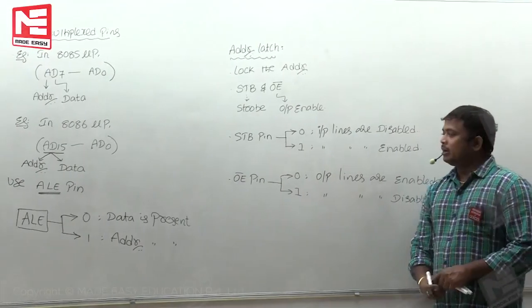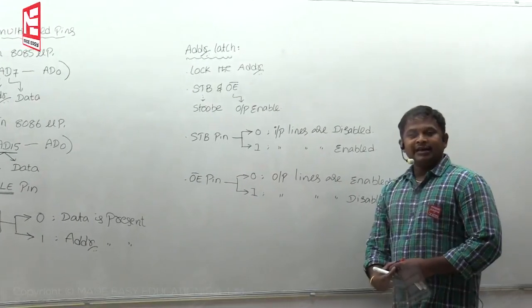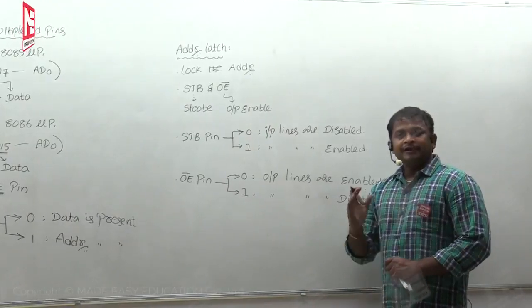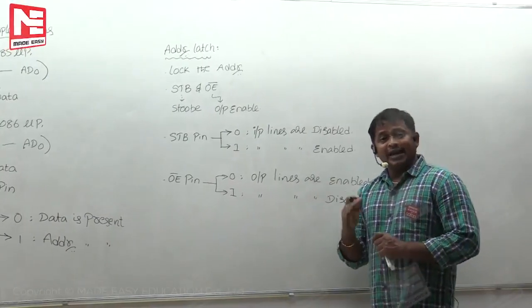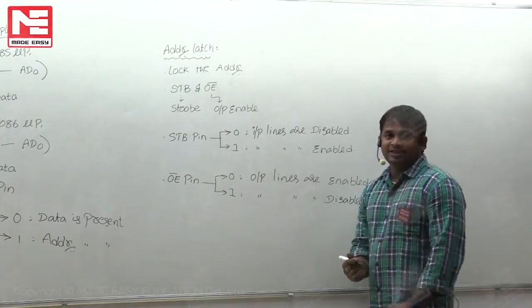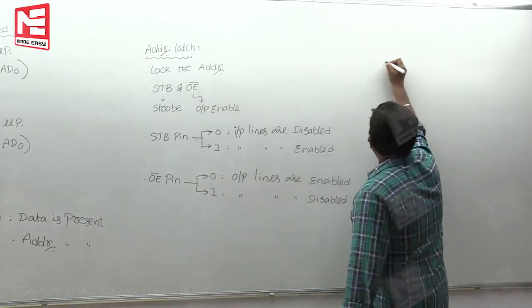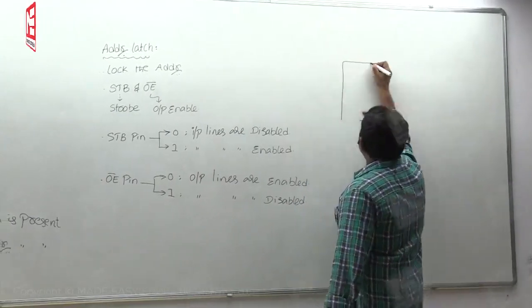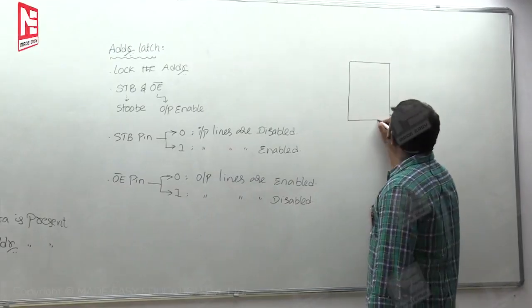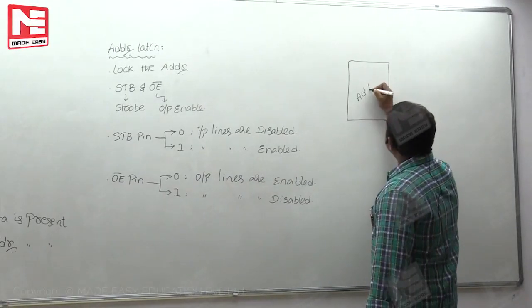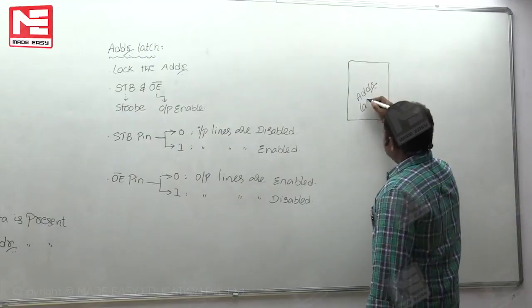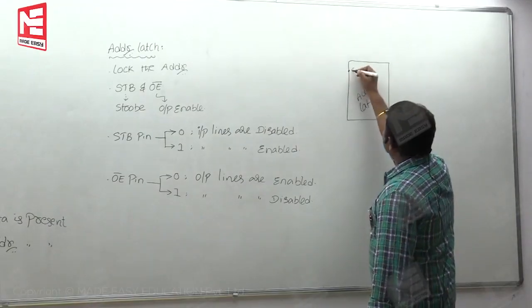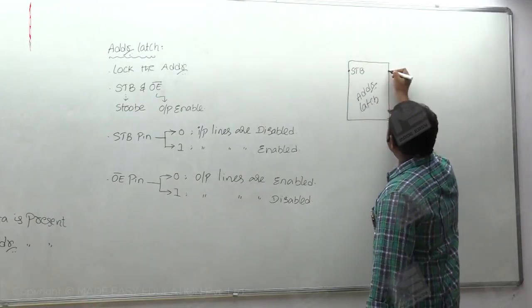Based on the STB pin and the OE bar pin, information enters into the latch and also exits from the latch. Diagrammatically, if you want to see the address latch used in memory interfacing, this is STB.